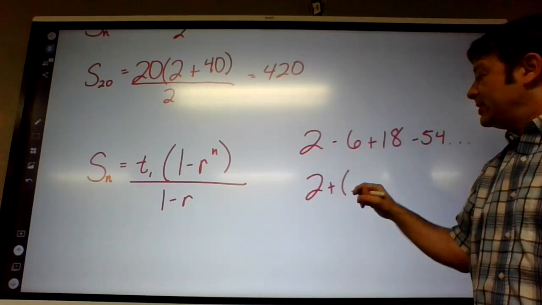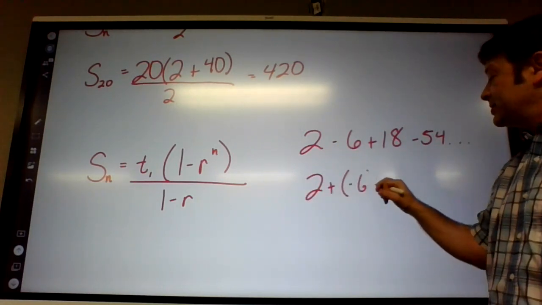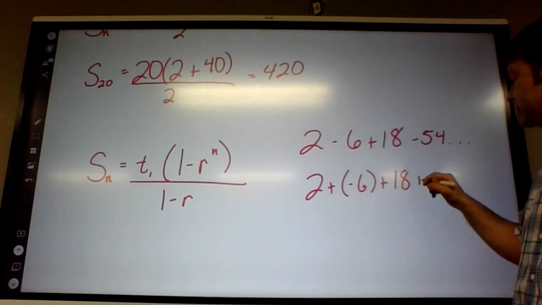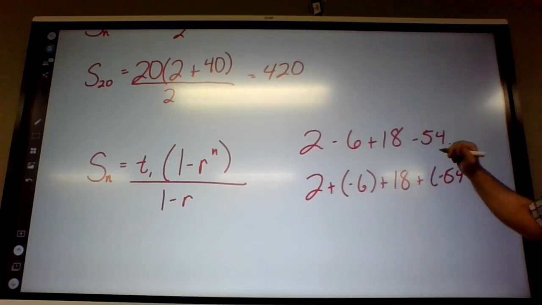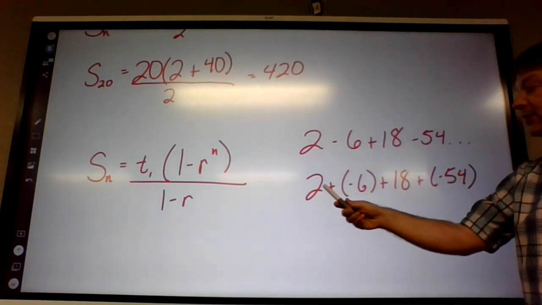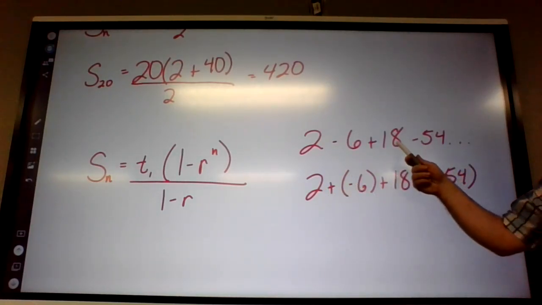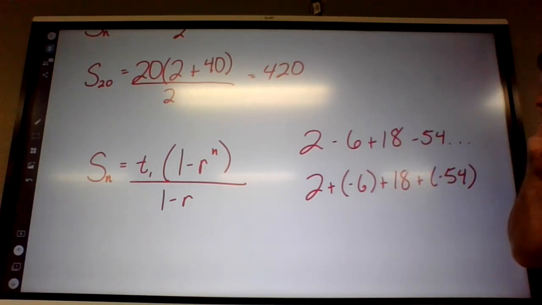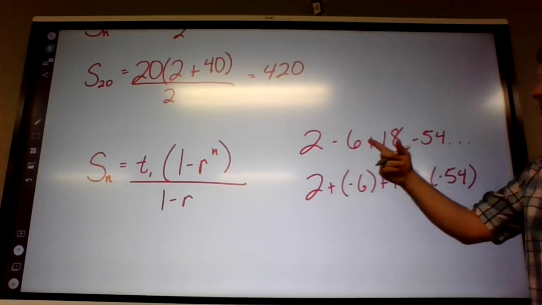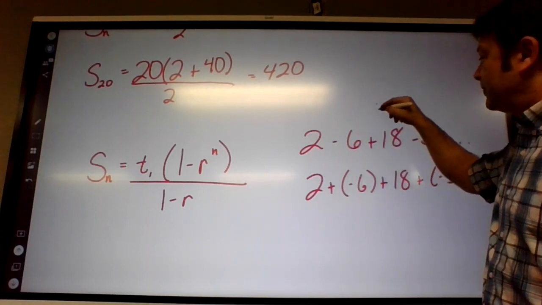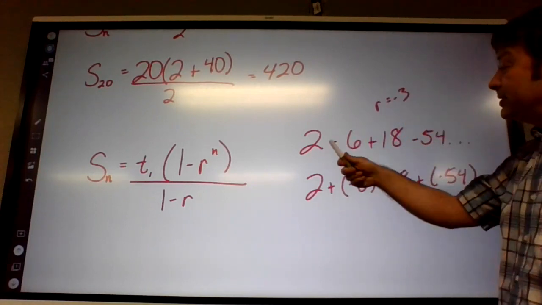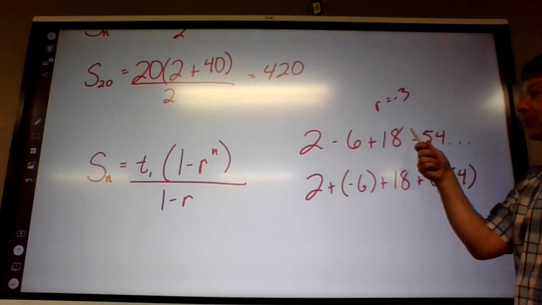So instead of writing 2 plus -6 plus 18 plus -54, when you multiply by a negative, it keeps alternating between positive and negative, right? So they wrote it like that. What's the common ratio on this one? It would be -3, because -3 is the number they keep multiplying over and over to get the new terms in the sequence.